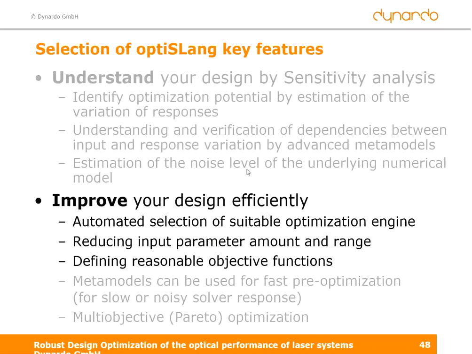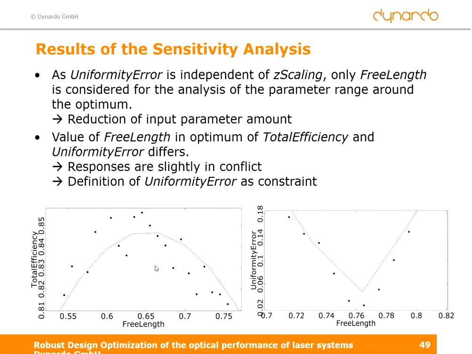So now we would like to show you how you can improve your design efficiently. After you have understood all these relations, you might want to select your suitable optimization engine. You want to reduce the input parameter amount and range. And of course, you would like to define reasonable objective functions.